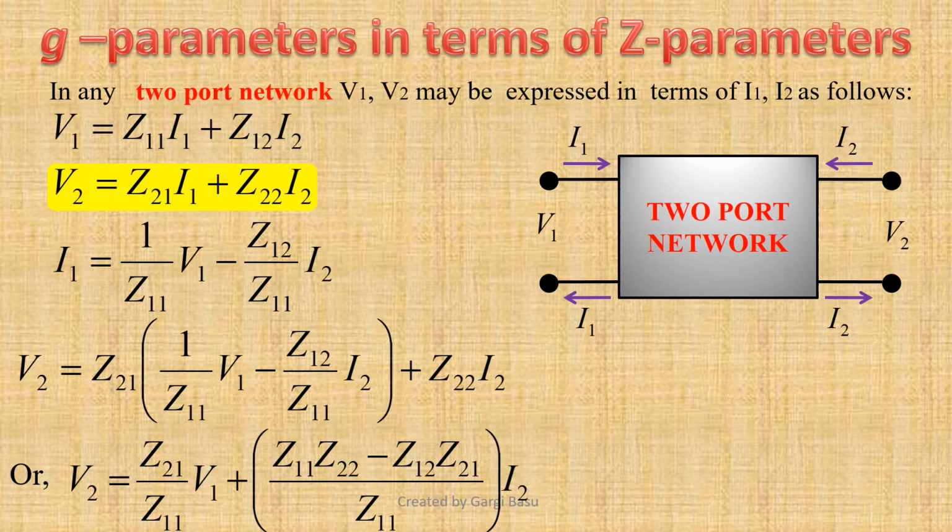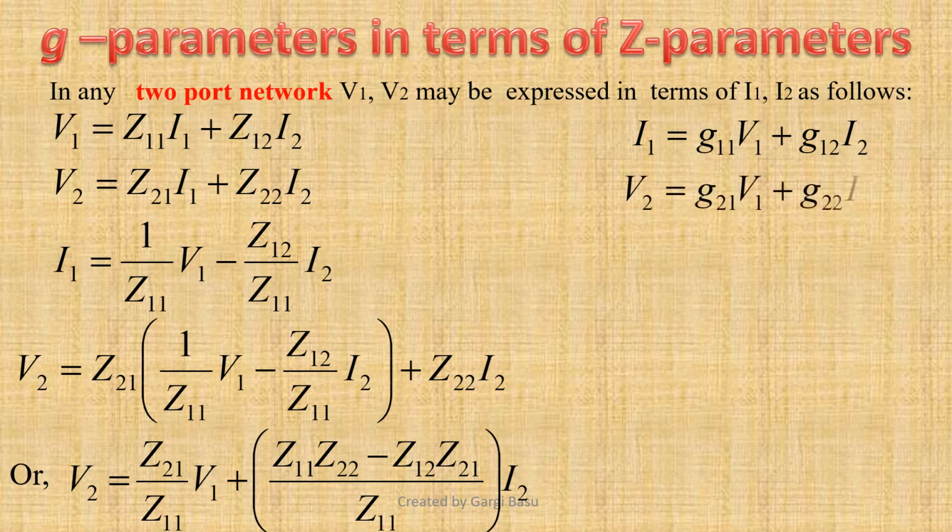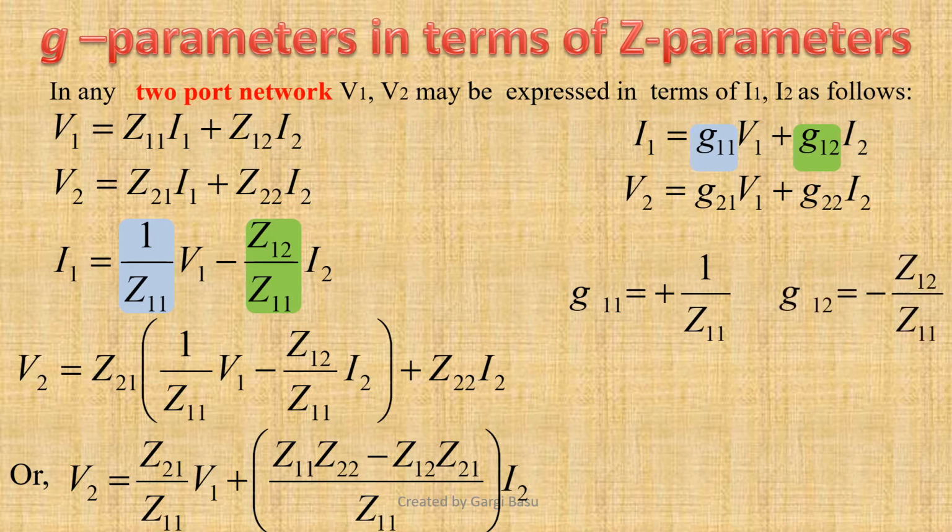When we describe a two-port network using G parameters, the linear equations used are I1 equals G11 V1 plus G12 I2 and V2 equals G21 V1 plus G22 I2. Now comparing the expressions of I1, we get G11 equals 1 upon Z11 and G12 equals minus Z12 by Z11.